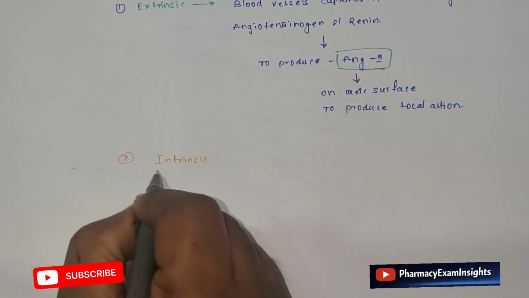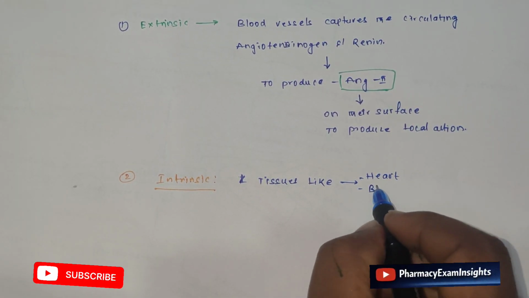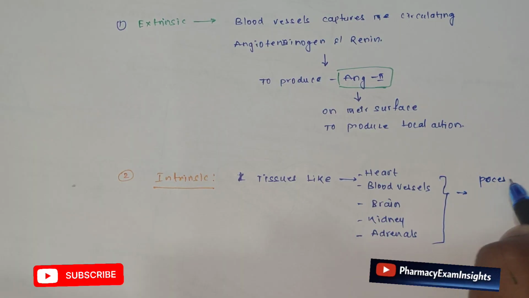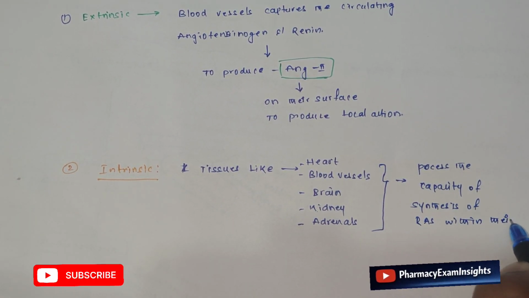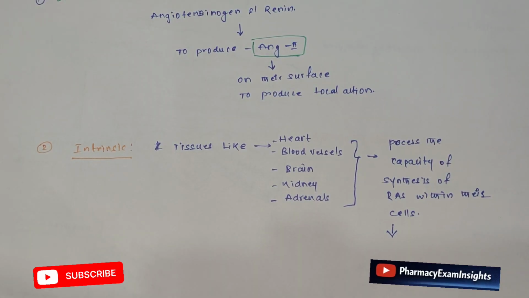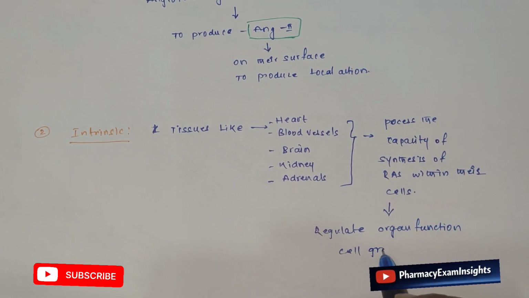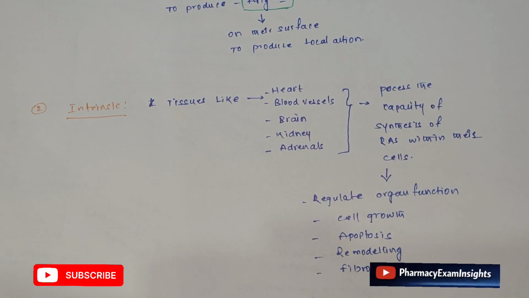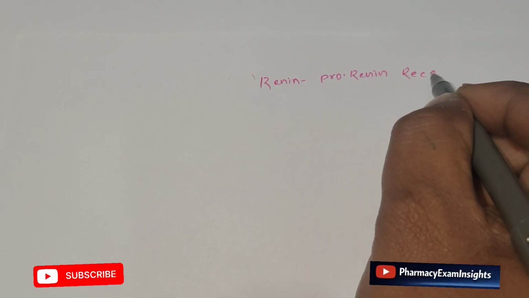Tissues like heart, blood vessels, brain, kidney, and adrenals possess the capacity of synthesis of RAAS within their cells to regulate organ function, cell growth, apoptosis, remodeling, and fibrosis. Coming to renin-prorenin receptors.